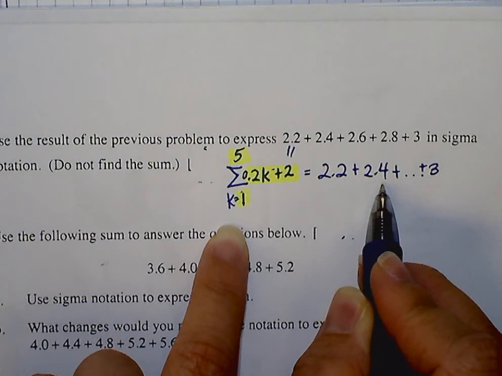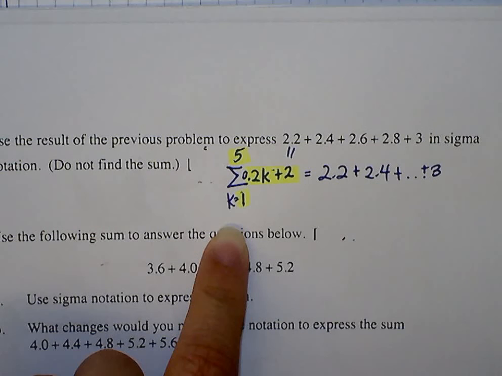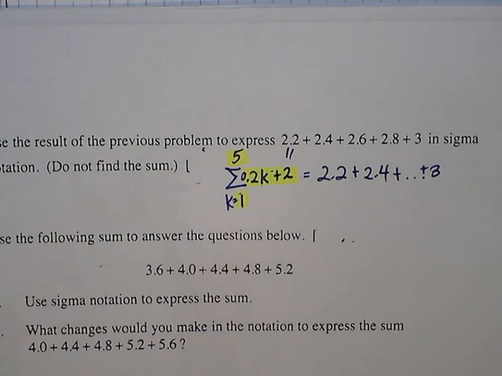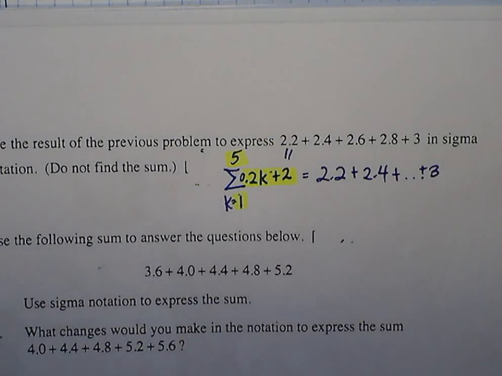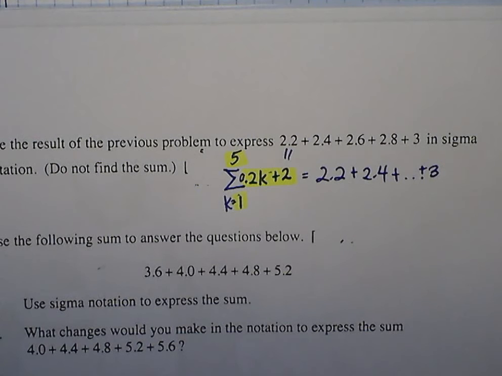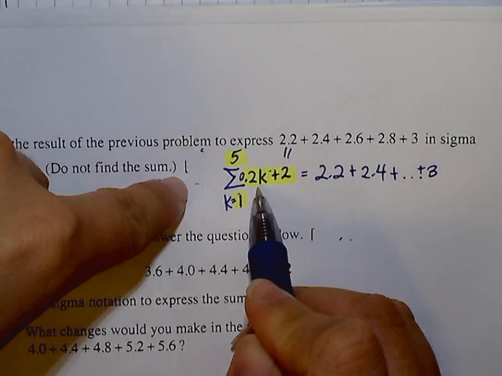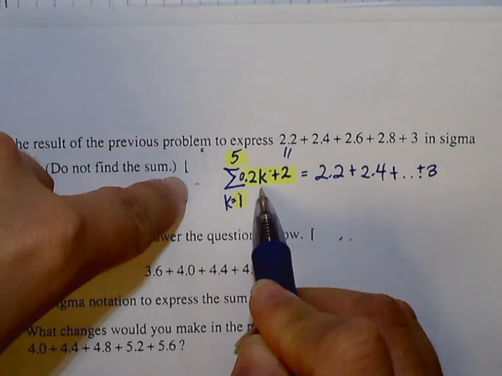Okay? All right, you guys. This is called a linear series. A linear series. Why is it called linear? Because each time you're growing by something, you're just growing by 0.2 every time. So it's linear.